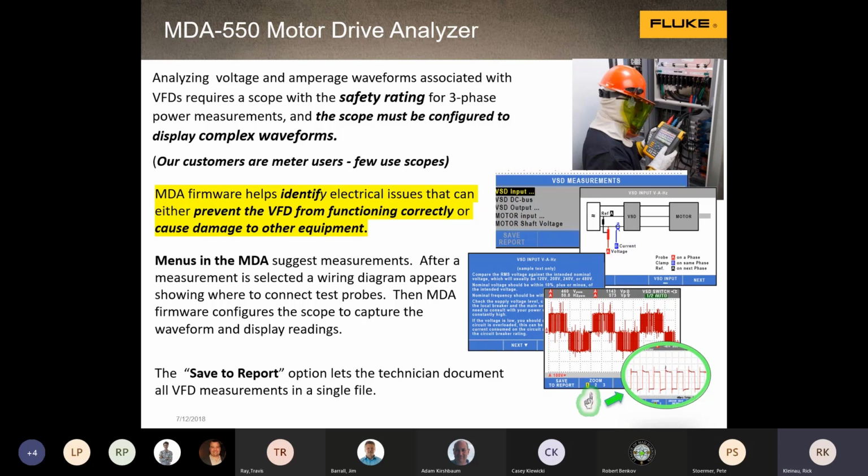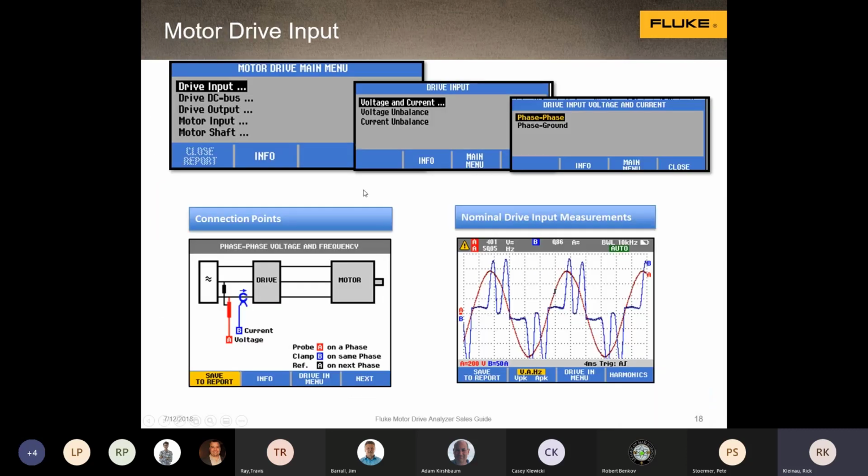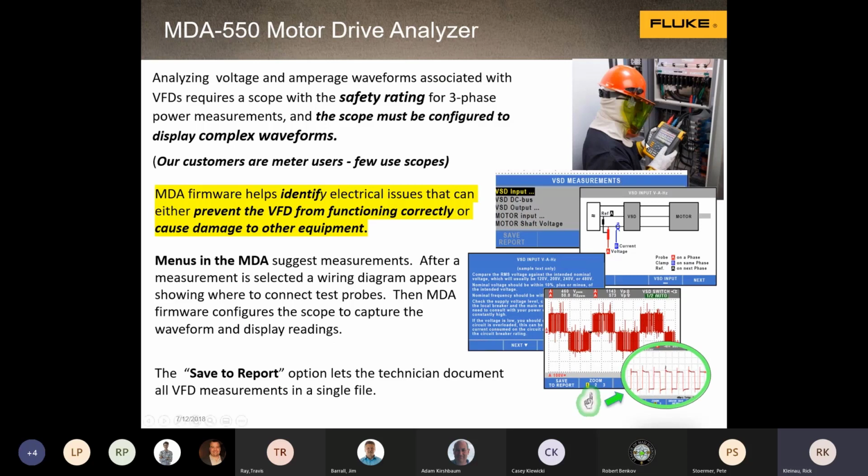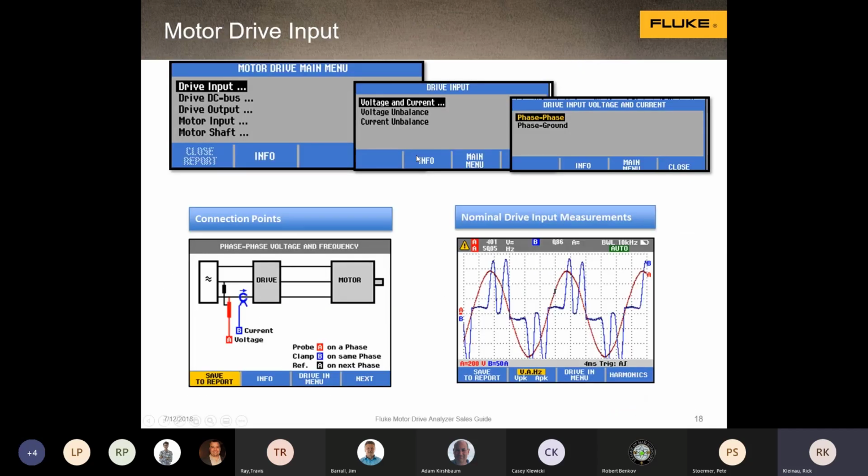On the back end, do you have reflections that can damage the insulation of the cabling going out to the motor, or cause the motor to fail because you're damaging the insulation? You can have mechanical problems, a thing called fluting in bearings, which drives get blamed for a lot, but not always the cause. For our customers, this is more about looking at the electrical input and output and understanding the environment the drive is in. Is it hurting something else? Not so much troubleshooting the drive.